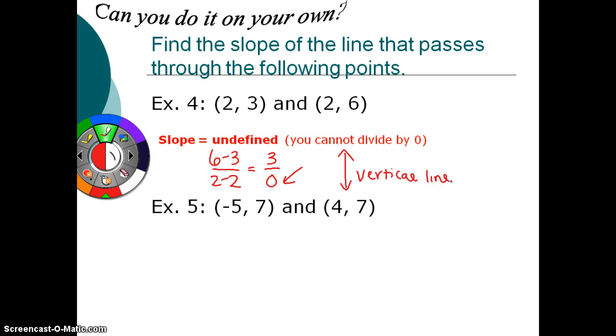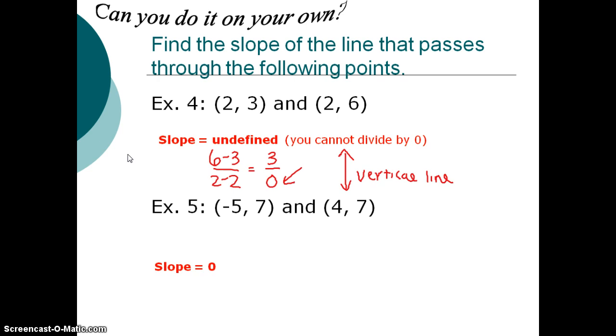Vertical lines have an undefined slope. Example 5, we have negative 5/7 and 4/7. So your slope for this one would be 0 because you would have a 0 in the numerator, which would make the whole thing 0.